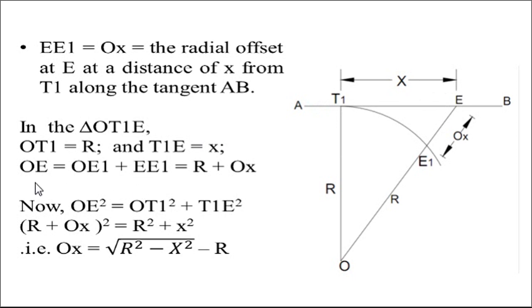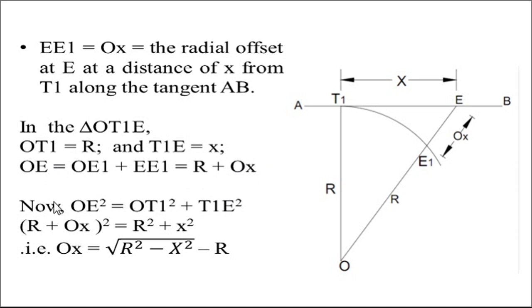Then OE is equal to OE1 plus EE1. OE1 is nothing but the radius R, and EE1 is nothing but the offset OX, so OE is equal to R plus OX.